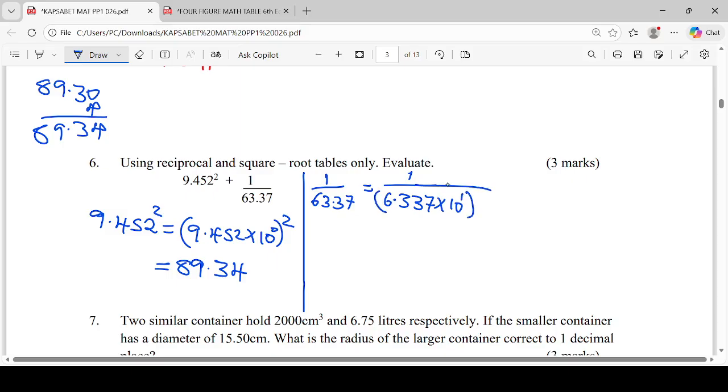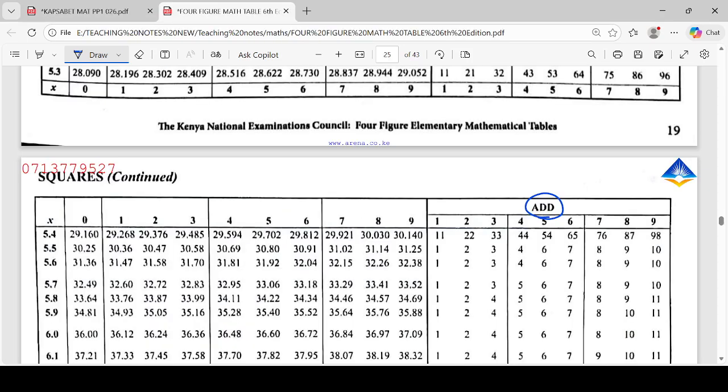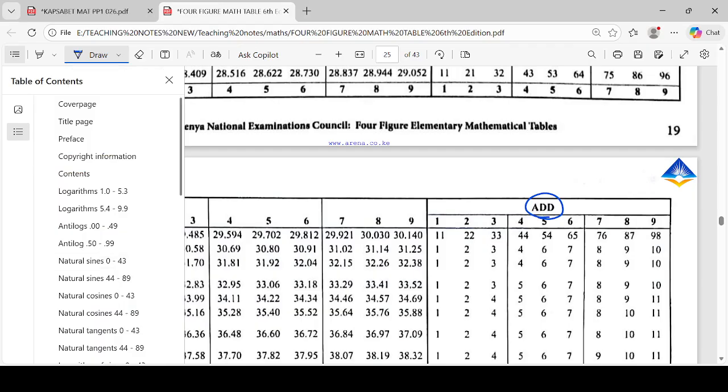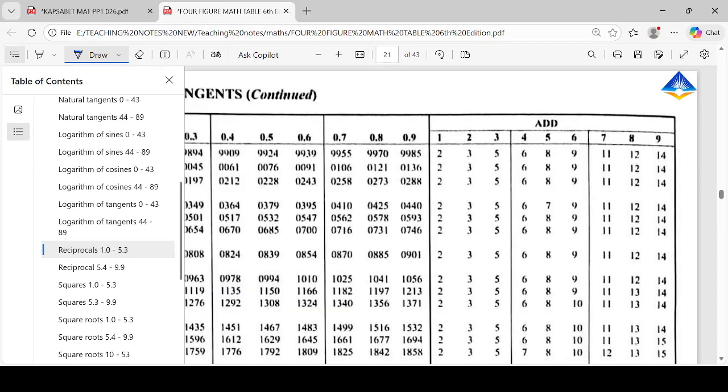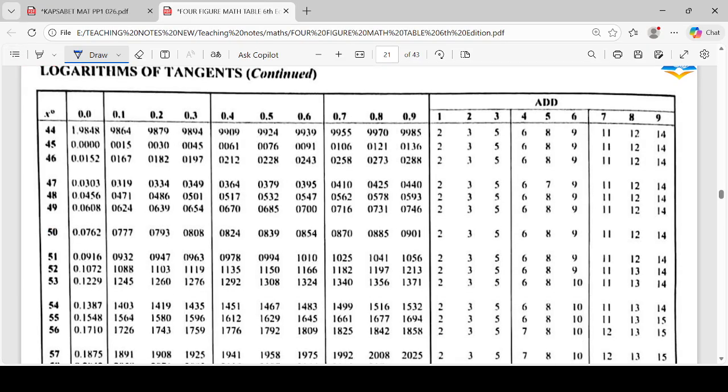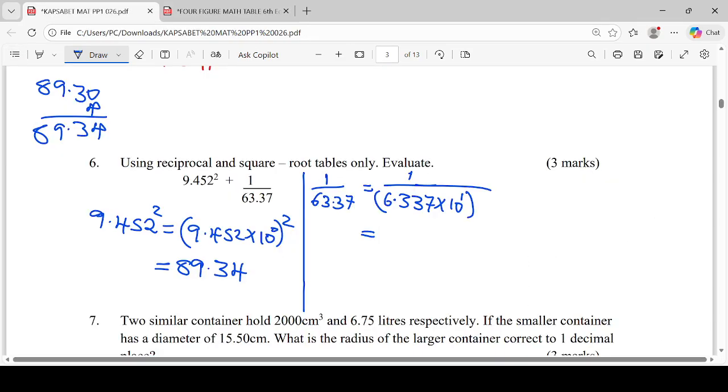All of this we are going to get its reciprocal. We go to page 17 of our log tables that contains the reciprocals. We are here, but now we want to read the reciprocal of 6.3, then 3.